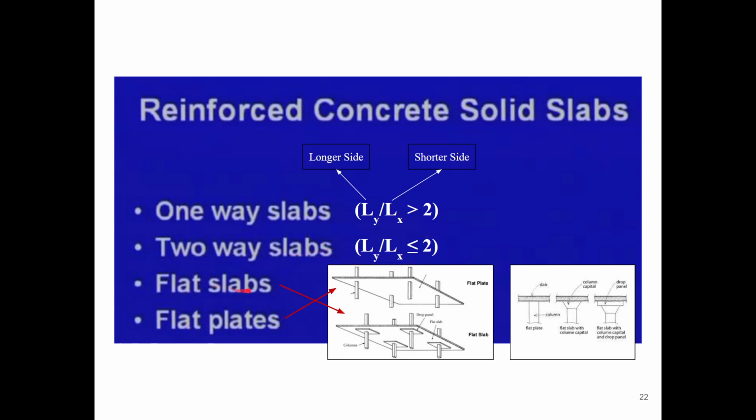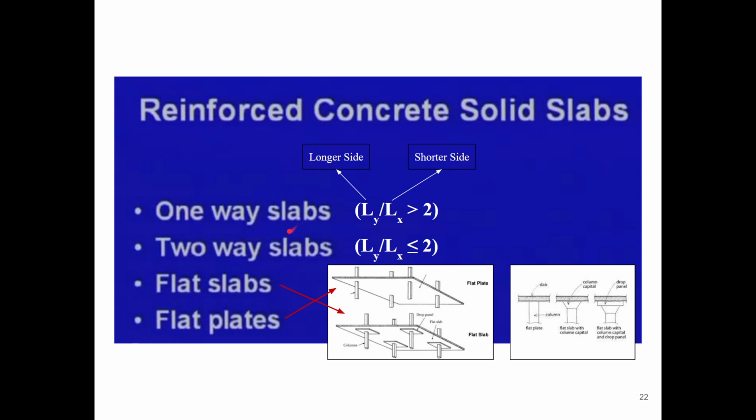Now if you consider the flat slab condition, so what is a flat slab? Basically the term flat is used when the beam is not there, okay. In one-way slab or two-way slab, beams are always present, whether monolithically cast or cast separately, so both slab and beam are there.